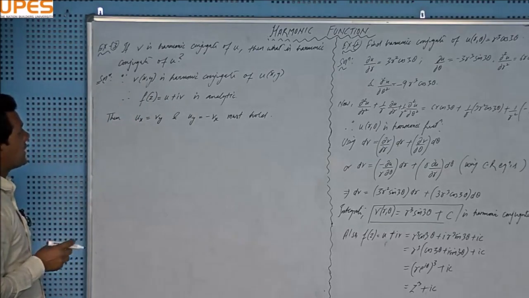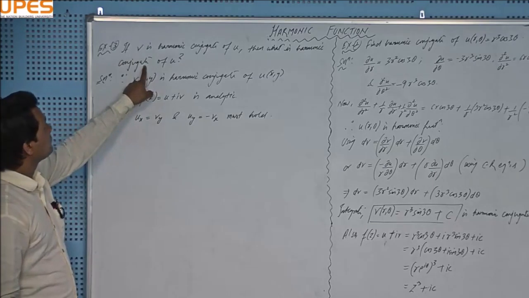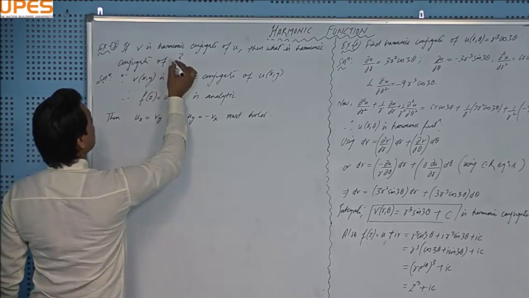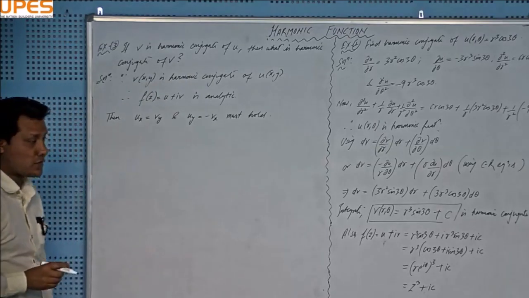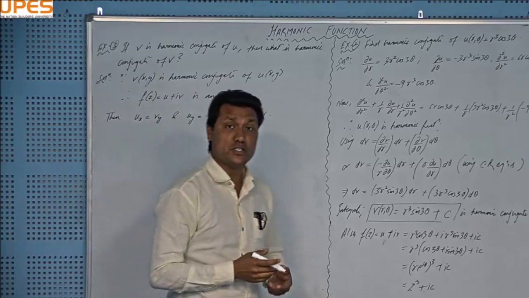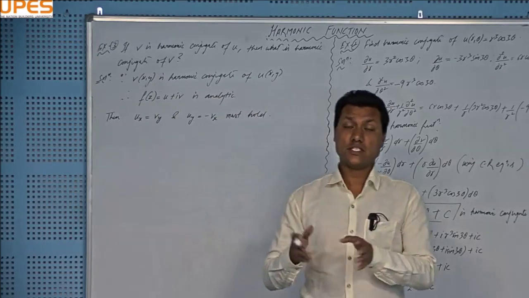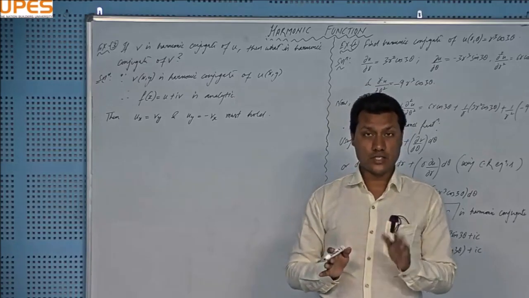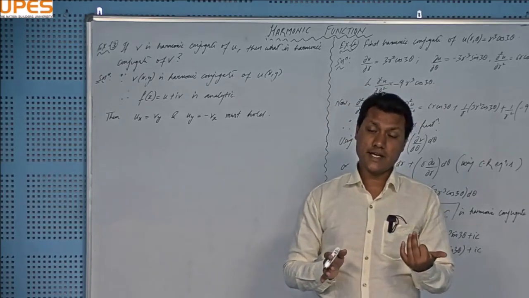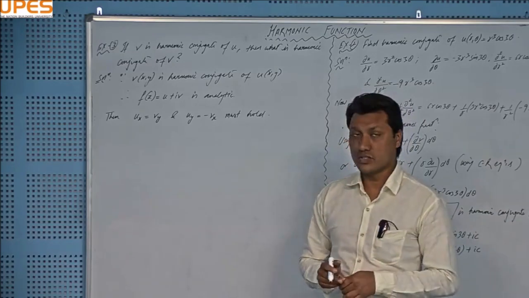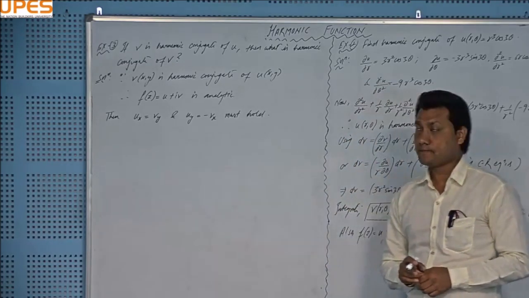Now we have to find the harmonic conjugate of v, right? Okay, harmonic conjugate of v means that this time v will be taken as the real part of some new function. Let the function be g(z), right? g(z) is a new function for which v is the real part, and you have to search for the imaginary part such that v plus iota of that unknown function is an analytic function, right?